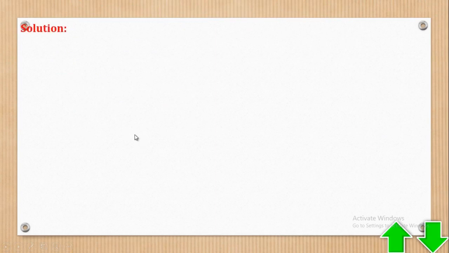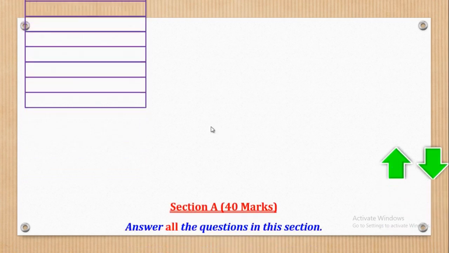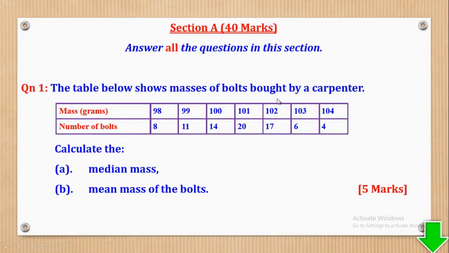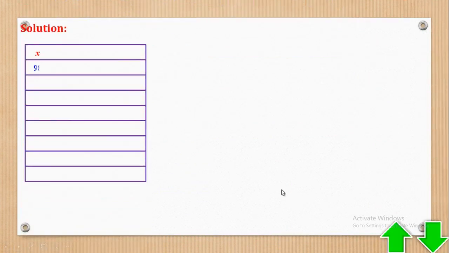So what we shall do, we shall first tabulate our results. We shall begin with the values of x. So the values of x are the same as these values for the mass. So you come here and put those very values there. The next will be the values of f.